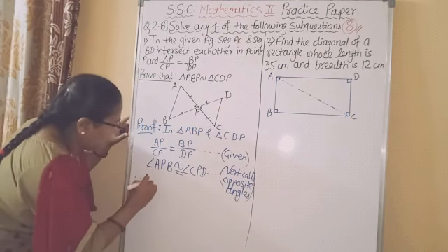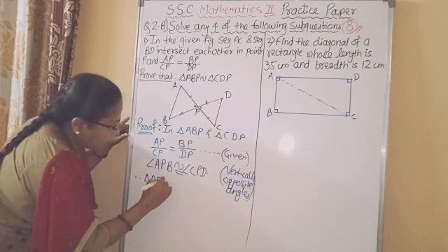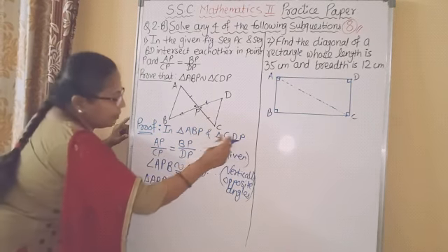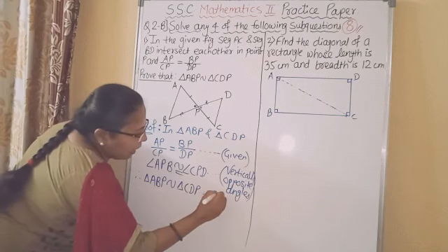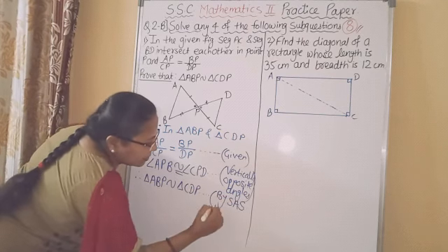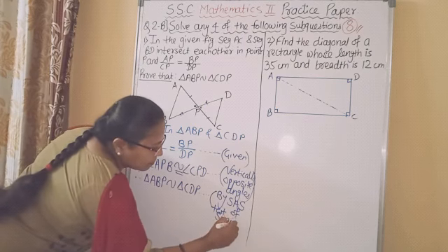Therefore, triangle ABP similar to triangle CDP by SAS test of similarity.